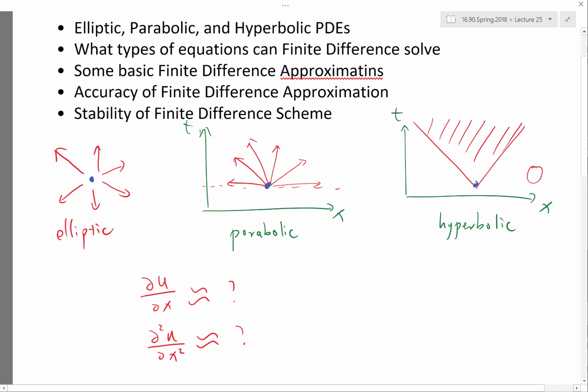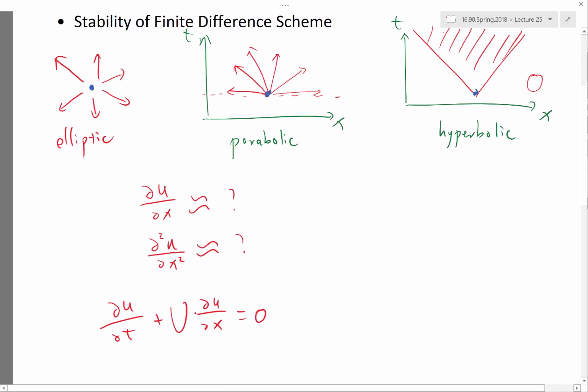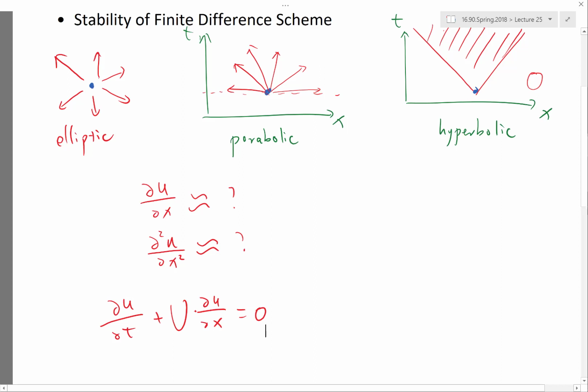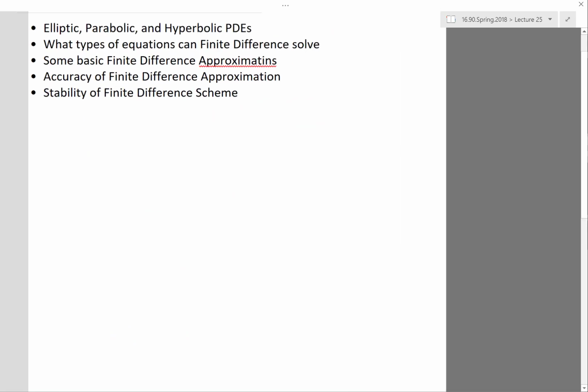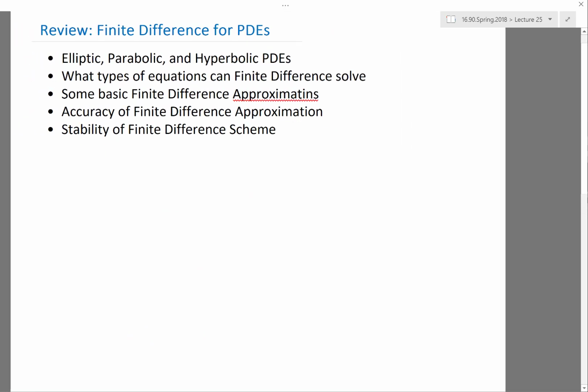So this is about stability, its consequence, and how to analyze it. If you go into the more advanced graduate version of how to solve PDEs, you're going to learn all kinds of more methods to analyze PDEs and their stability. So that's basically what you need to know about finite difference.